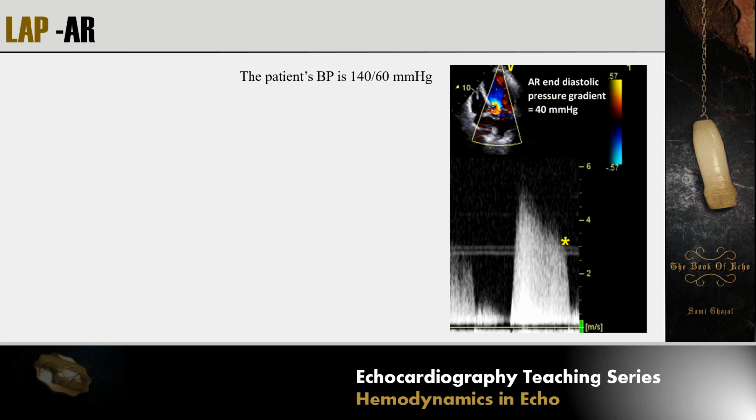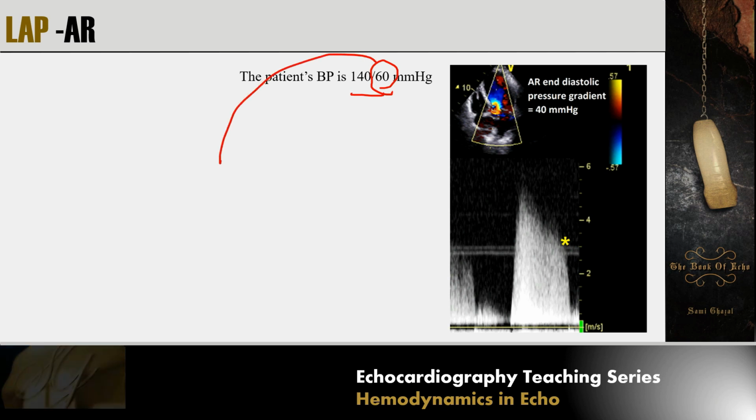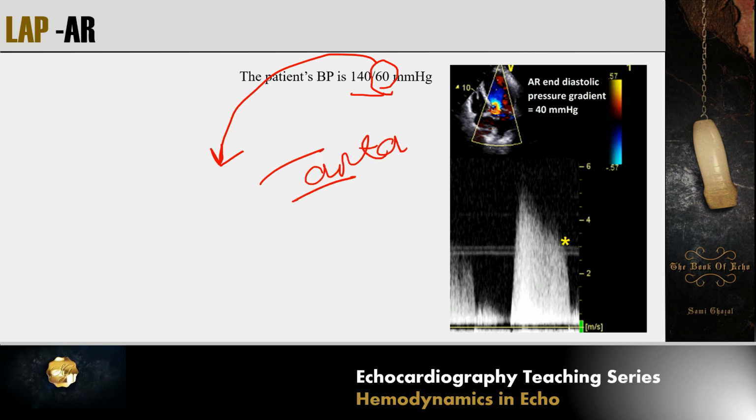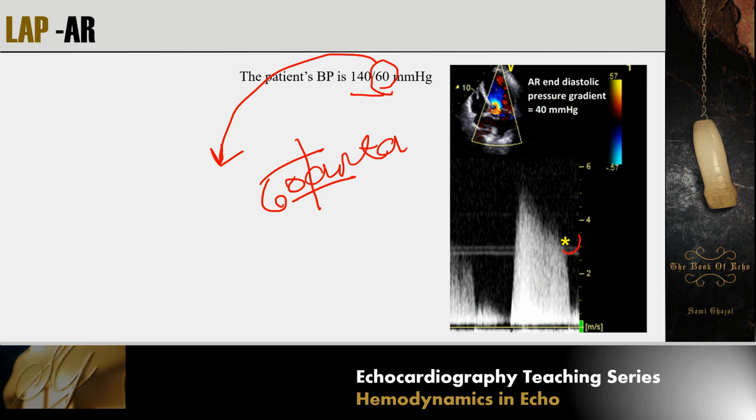So if we measure the blood pressure, and this is the diastolic pressure, so this diastolic pressure is the pressure in the aorta. So this is the aorta, and during diastole or end of diastole, the pressure here is 60. Okay, now if we have aortic regurgitation and we measure the pressure at the end of diastole here, and it is 40.